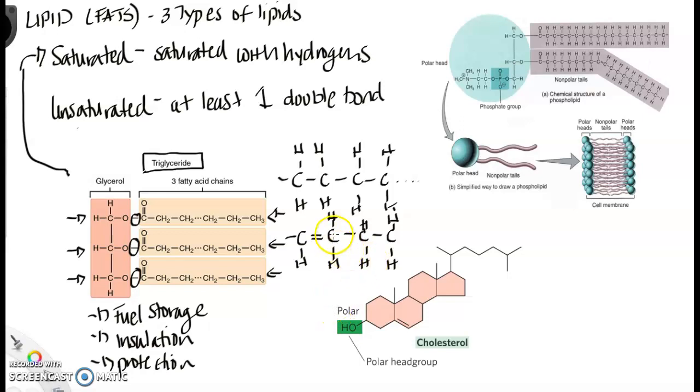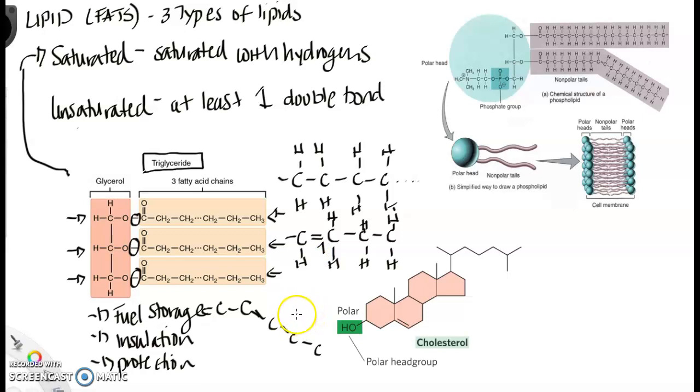Okay? When there is a double bond, it makes the fatty acid have a kink. So even though I have it as straight there, it would actually look like this, where the rest of it would be straight. So it would have a little kink here.